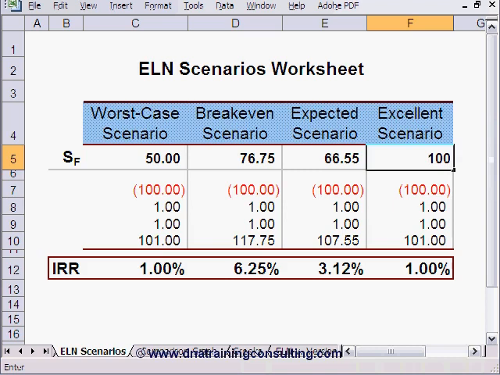For this, you simply input, as we have done, the number 100 for the final stock price in cell F5, and look to cell F12, which reveals an IRR of 12.77%.